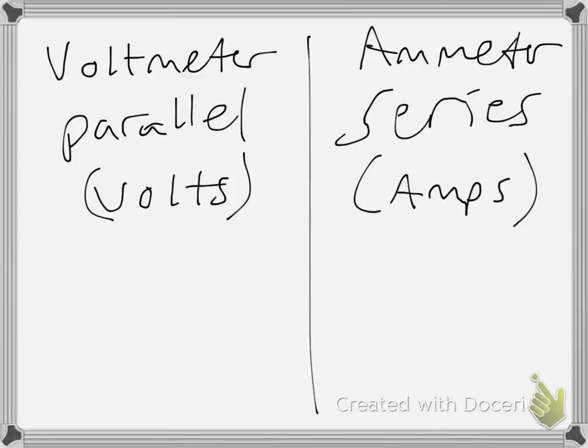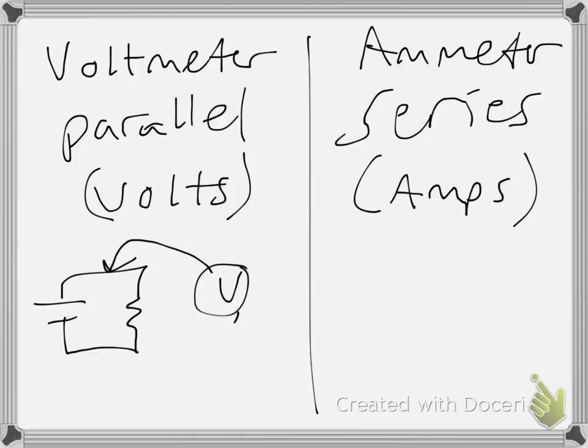If I have a circuit here and I want to measure the voltage at any point in the circuit, it's easy. I just take my voltmeter, which has two probes, and I put those two probes somewhere around my circuit, and it'll tell me the amount of voltage, the potential difference, between those two probes.